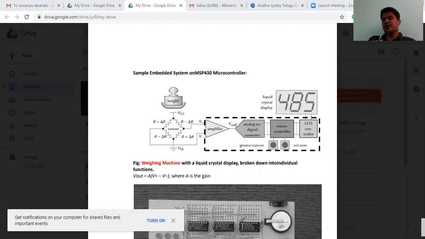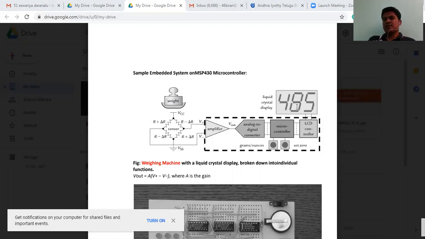Op-amp output will be given to the ADC. Then the digital value of this ADC is given to the microcontroller. And through the LCD controller, we are going to display the weight on this LCD screen.